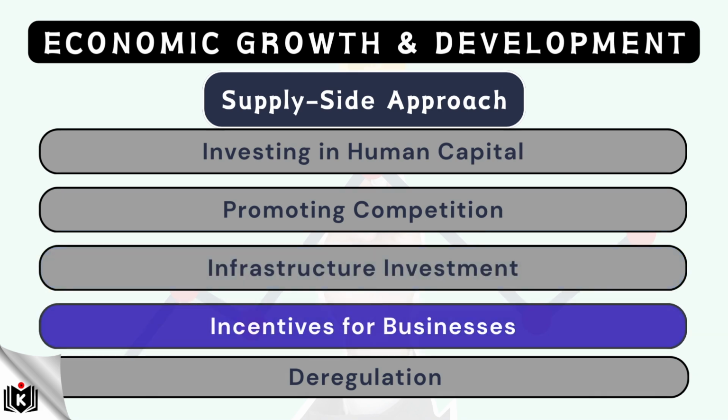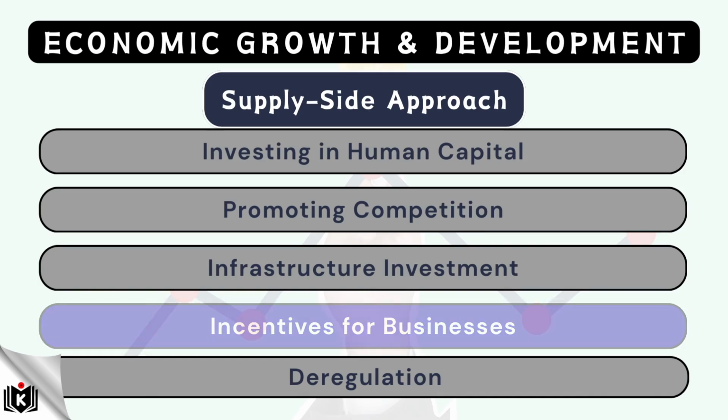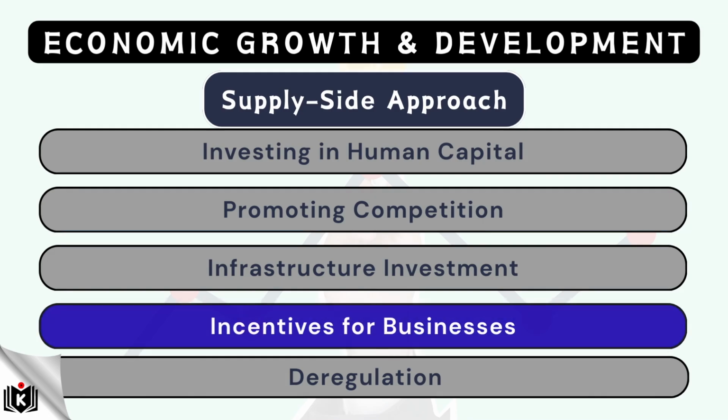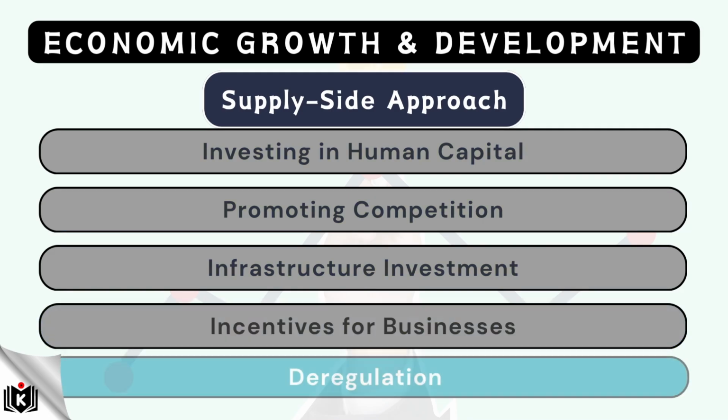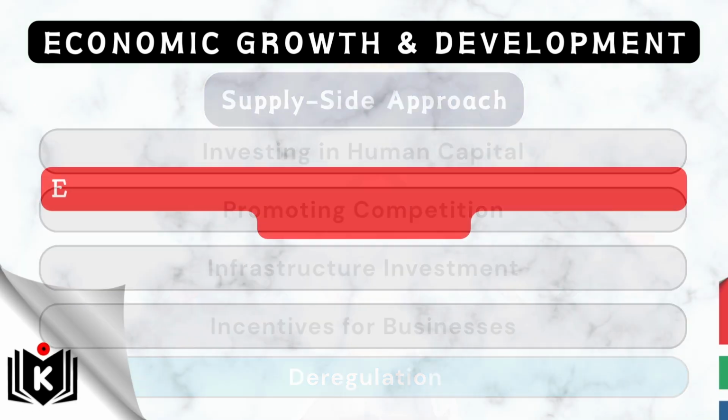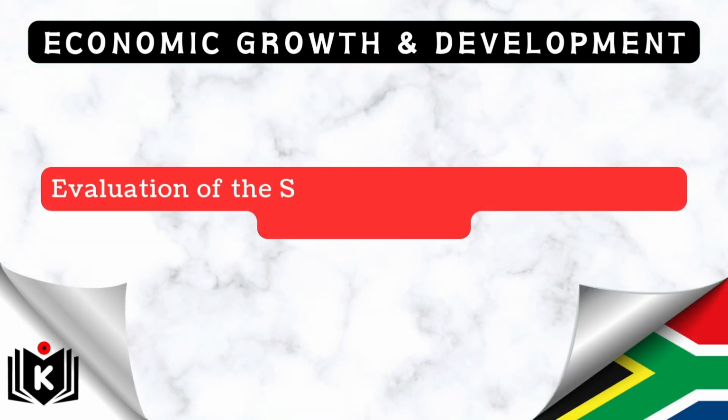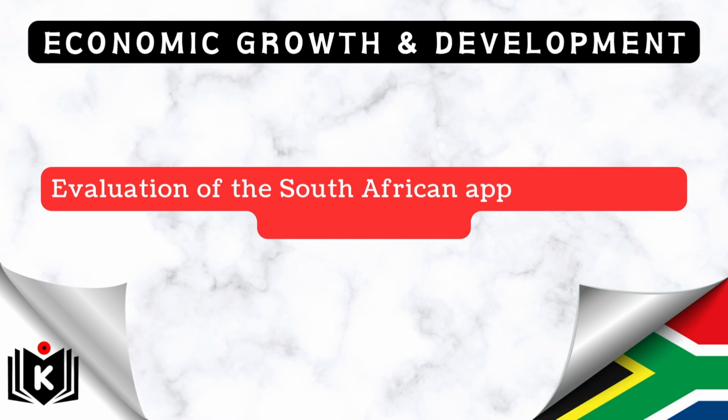The supply-side approach also involves the provision of incentives for businesses by offering tax cuts or subsidies in order to encourage research, development, and investment in new machinery, as well as deregulation by reducing unnecessary government rules that hinder business formation and growth.